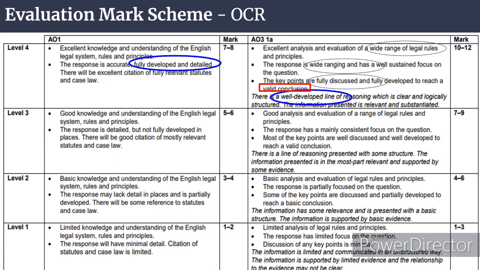It isn't in level 2, and the OCR exam board have said that it would be very difficult to get into a level 3 or a 4 without a conclusion. So this is something you must keep in mind for any 20-mark essay, not just the evaluation ones.